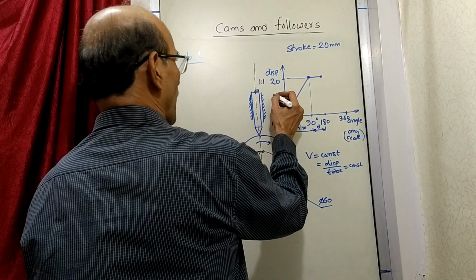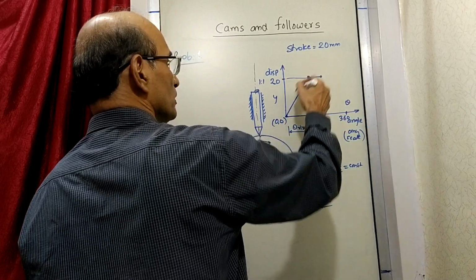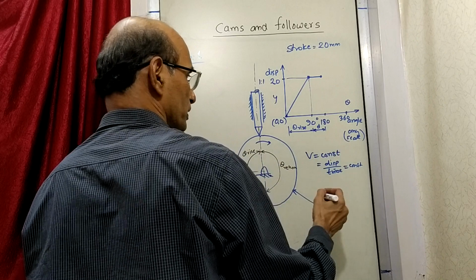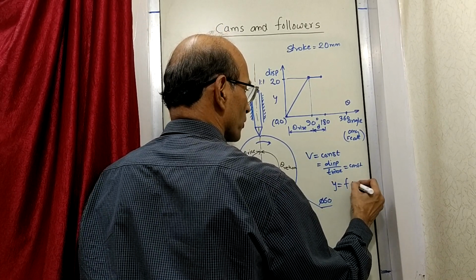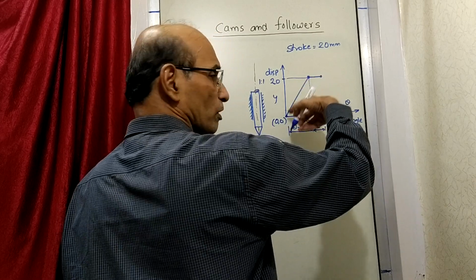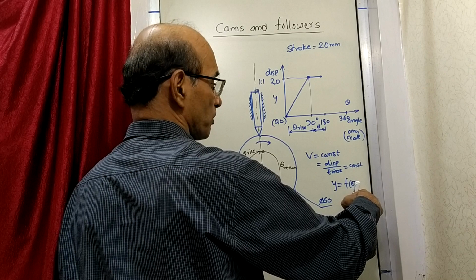Suppose I show this by y and this I show by theta. Then y is a function of theta. If you want still more clarification, y is a function of theta. Whatever the curve you are drawing, that curve is y, which is changing as per theta.